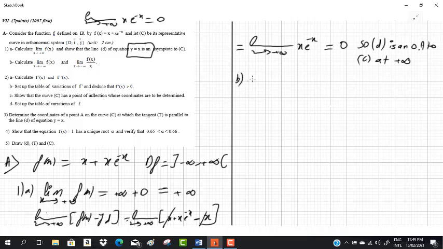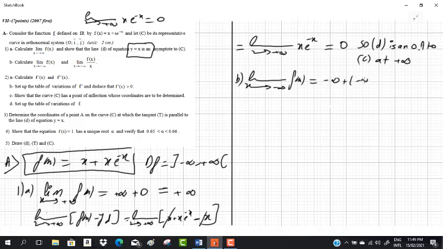Part B, calculate the limit as x tends to minus infinity of f of x. I just have to replace x by minus infinity. This is f of x and I replace x by minus infinity: minus infinity plus minus infinity times exponential of plus infinity, which equals plus infinity.